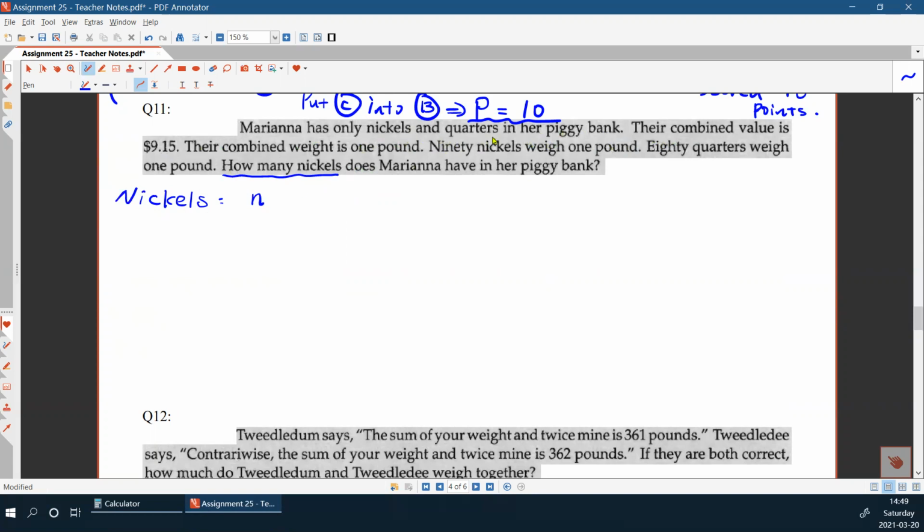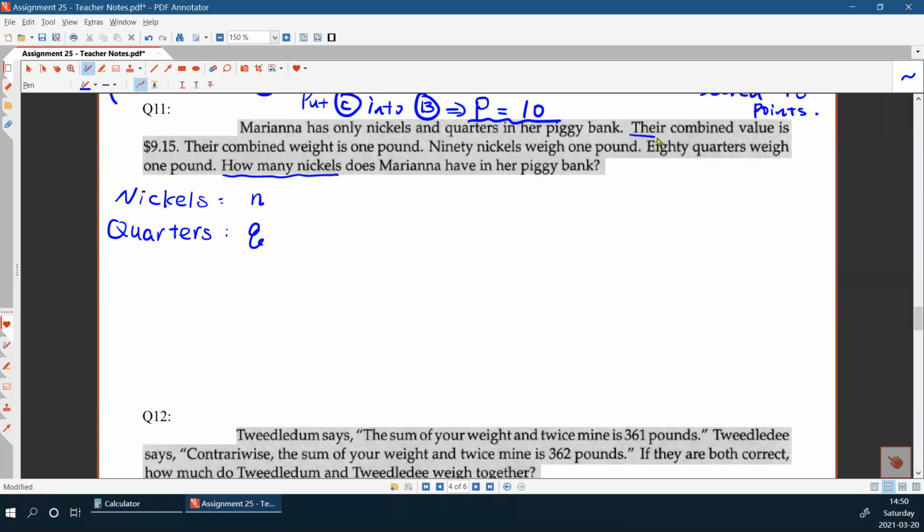The quarters, we don't know the number of quarters there. So let's say the number of quarters is Q. N stands for nickels and Q stands for quarters. Okay, so what do we know here? What is the known information?